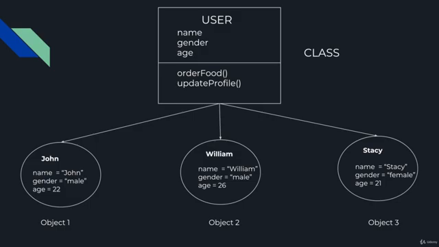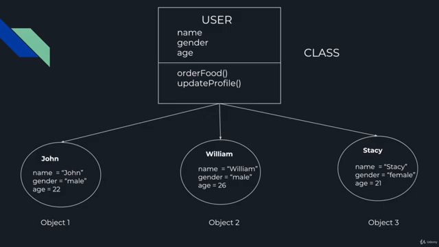The user class has defined the states and behavior that its object can have. The user class has the state name, gender and age, and the objects created using the user class have these three states defined in them. The objects of the user class can exhibit two behaviors, which are order food and update profile.